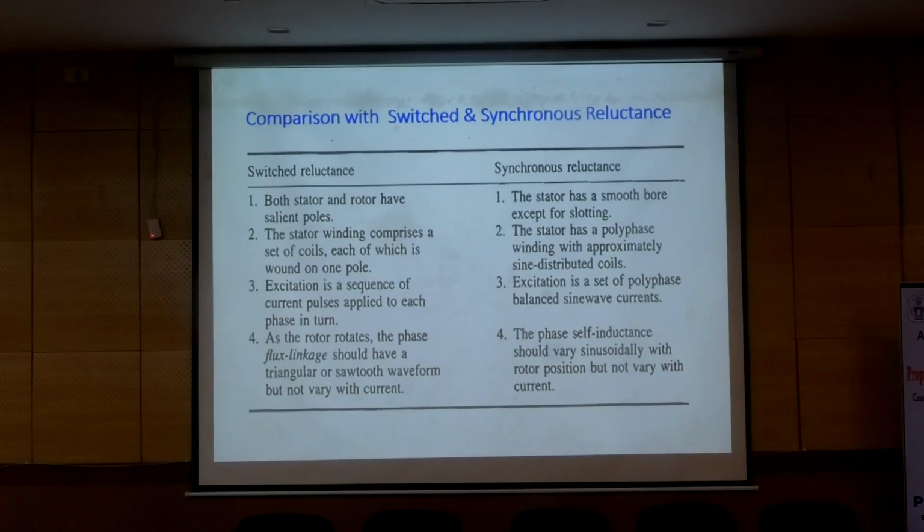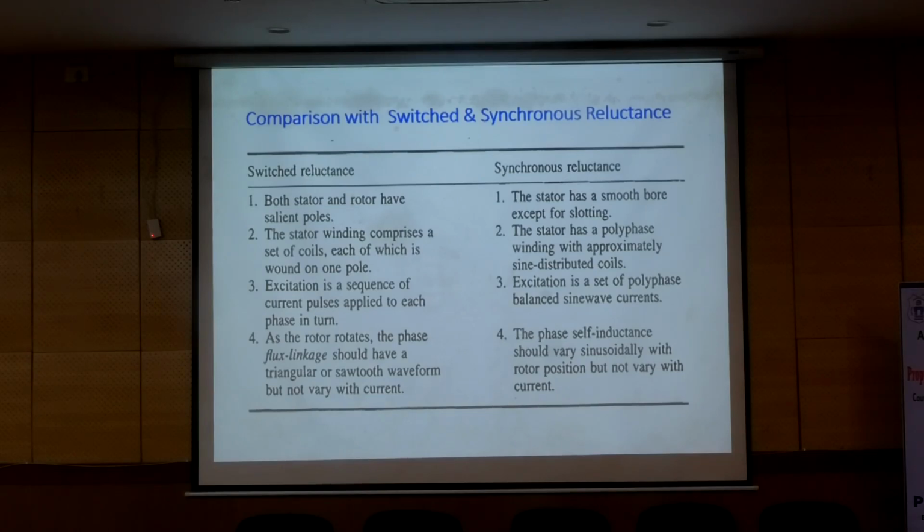The second point is that the stator winding comprises a set of coils, each wound on one pole, whereas in the synchronous reluctance machine the stator has a polyphase winding with approximately sinusoidally distributed coils.